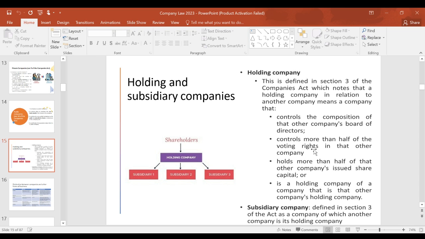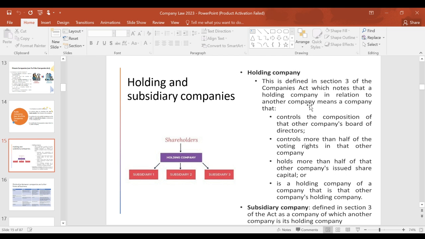So they appoint and they control the board of directors of those subsidiary companies. So they also hold more than half of the voting rights. And that's the only way they can have the control on the board. So they always have more than 50 plus one vote to make decisions within that particular subsidiary.